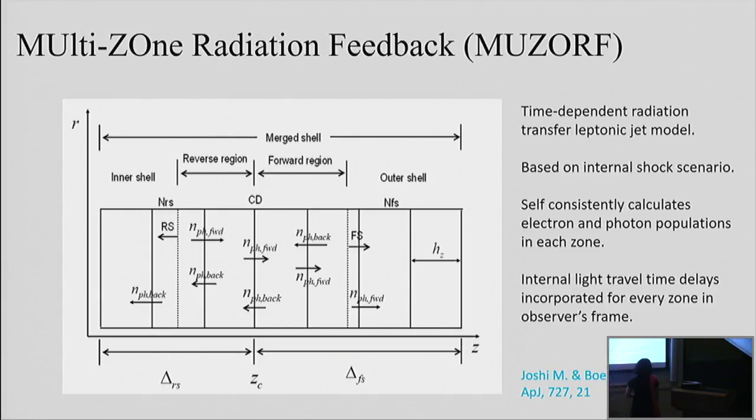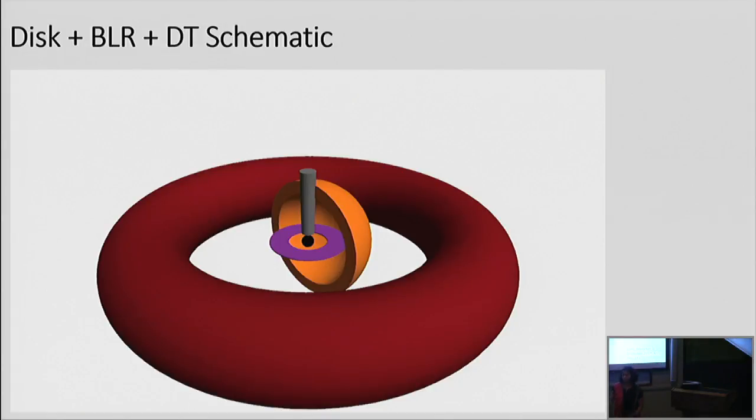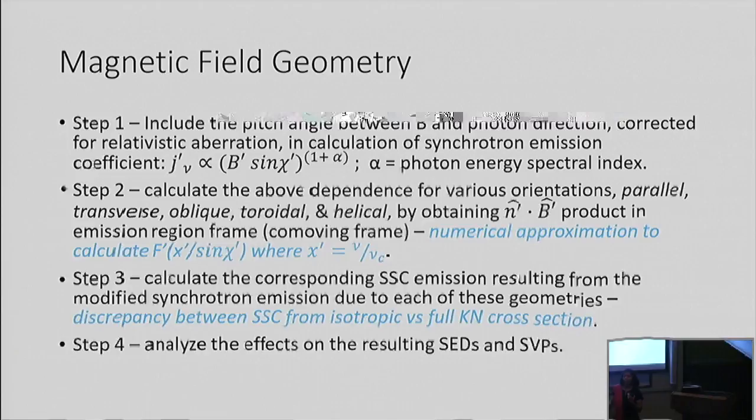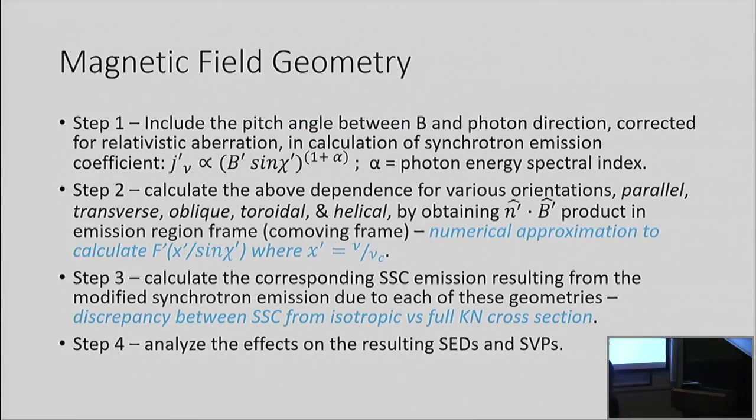This entire scheme is then put inside the Compton component, and we consider all the external photon fields: the accretion disk, the broad line region, in other words producing the external Compton component, is then modified to address that. Well, step one is just the magnetic field orientation, and using that you calculate the corresponding synchrotron.